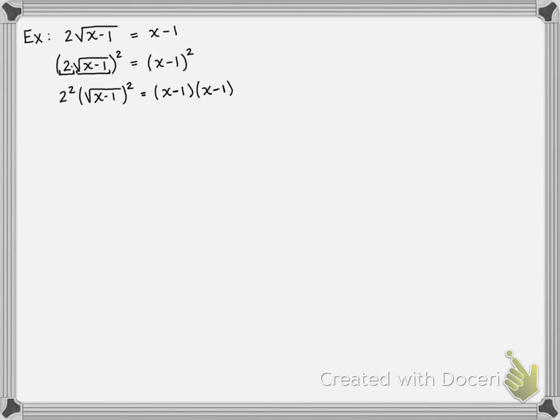So we have to be a little bit careful here. 2 squared is 4. There's no square root over that 2, so we actually have to square the 2. And then the square root of x minus 1 squared is going to be x minus 1.